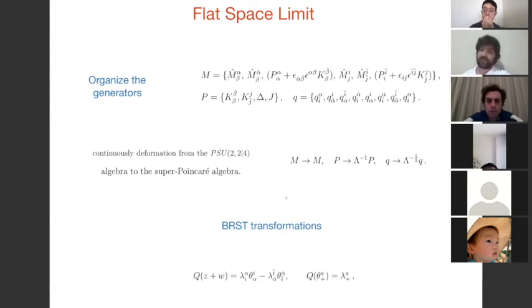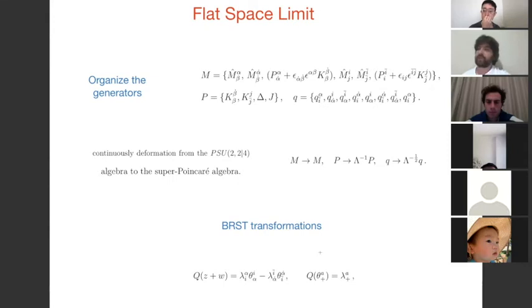So in the flat space limit, your BST has to become the flat space BST, right? The BST transformation of the variables in AdS are basically flat plus a lot of corrections, higher order in thetas. So when you take this flat space limit, the BST recovers the flat space BST.